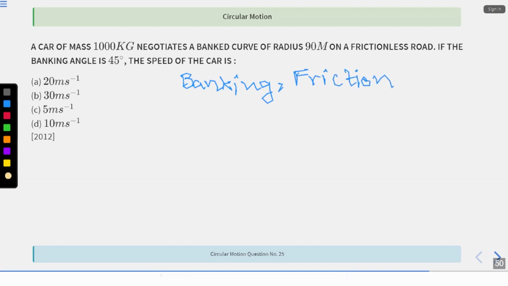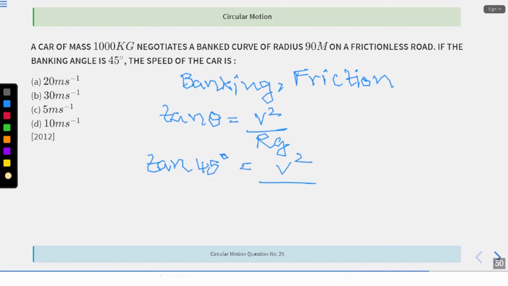For banking, tan theta is always v square by rg. We have been given tan 45 degree equal to v square by rg. v square is something that we need to find, and r is 90 meter.